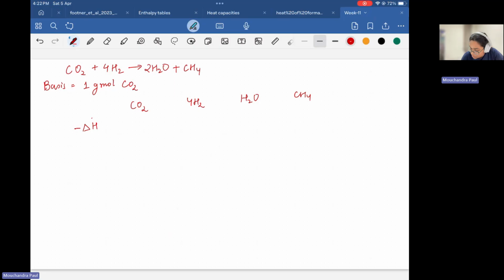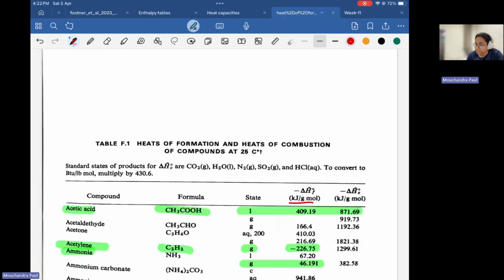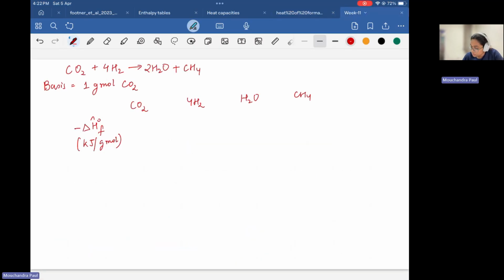Minus of delta H hat, it is in kilojoule per gram mole. The values that we'll get from this table are in kilojoule per gram mole. So first, the heat of formation of H2 is 0.